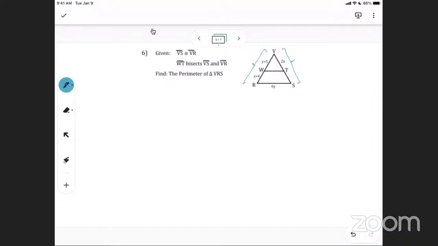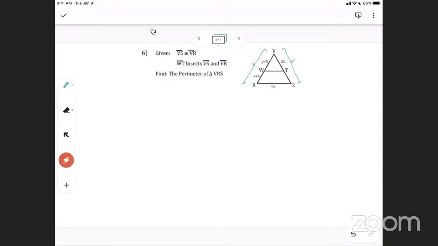Do you remember the relationship when that bisects them? Yeah, if they're divided into two congruent angles. I think I'm talking about side lengths.